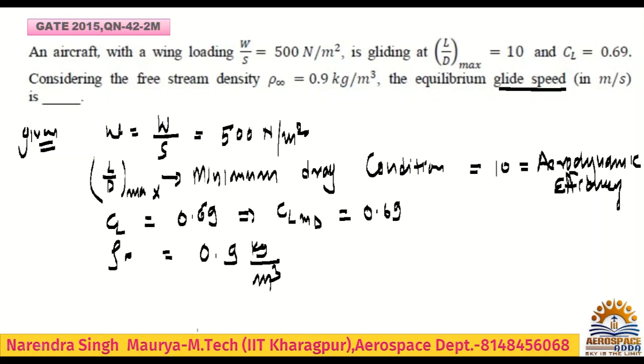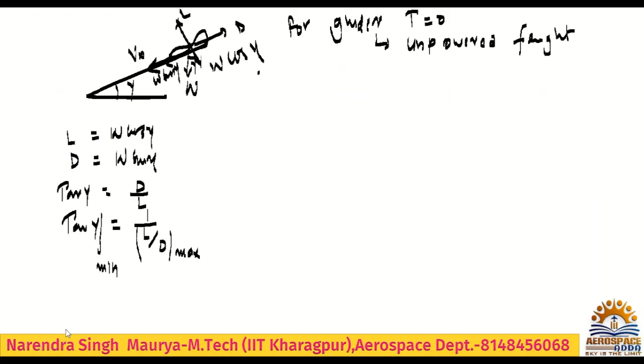So at equilibrium, even though they have not given the gliding angle, you can say why the gliding angle is like this: because L by D max means the gliding angle is at its minimum condition. See, I have told you here this gamma is the minimum value.